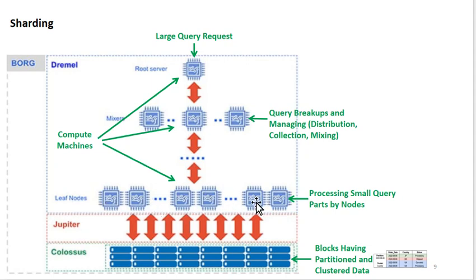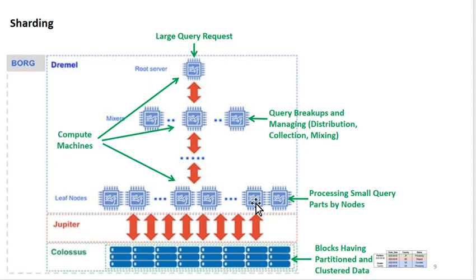Suppose there are 10 leaf nodes, then each leaf node will handle 10 GB of data separately, accessing the database separately.